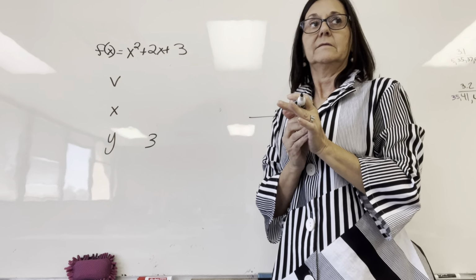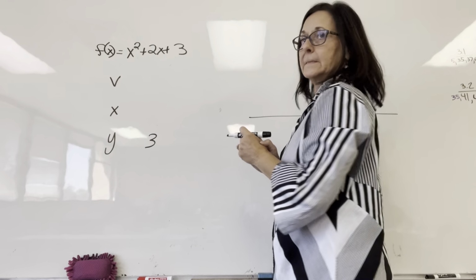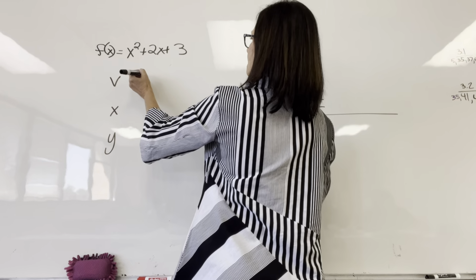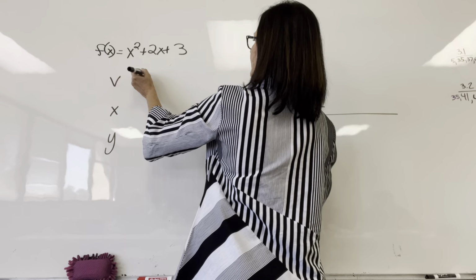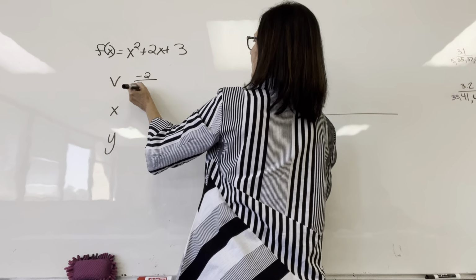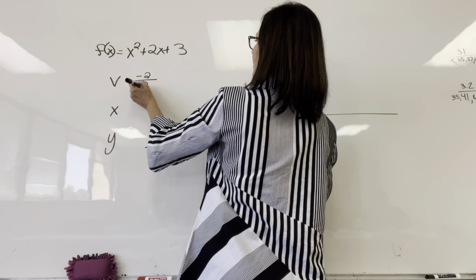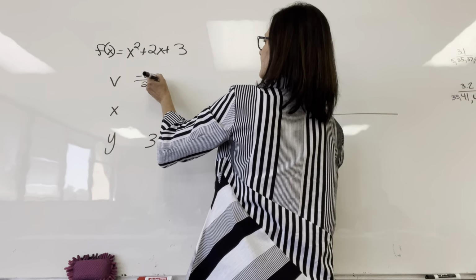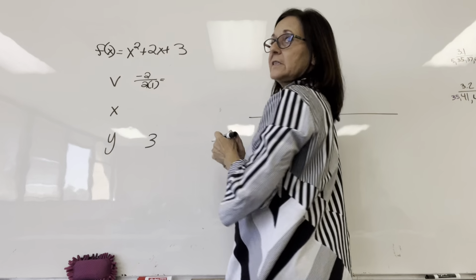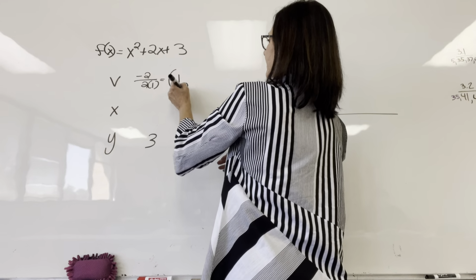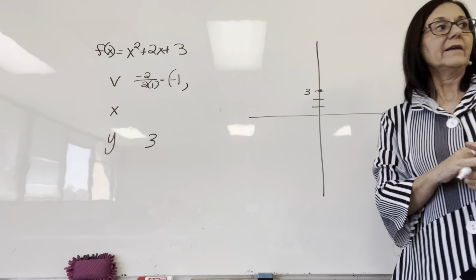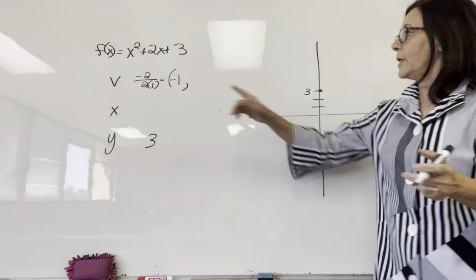What is it? It would be negative b over 2a. And what is that? That would be the opposite of 2, over 2 times 1. That'd be negative 1. Okay, now how do I find the y coordinate? I'm plugging in negative 1.